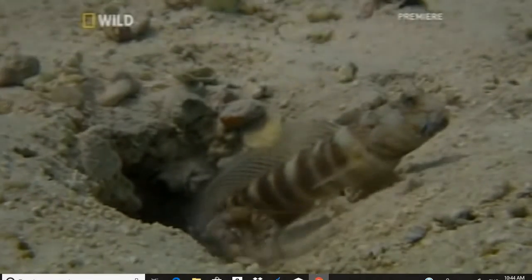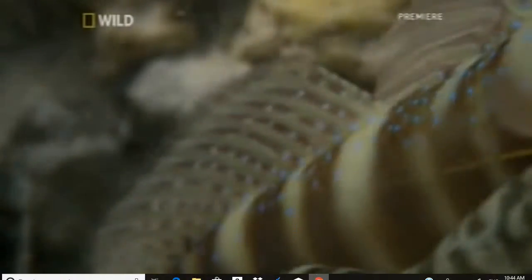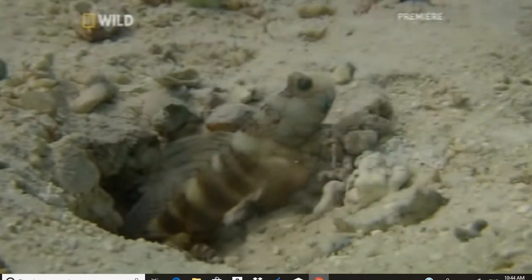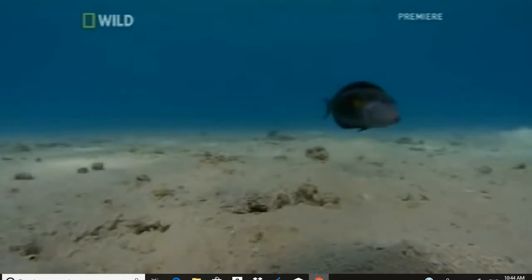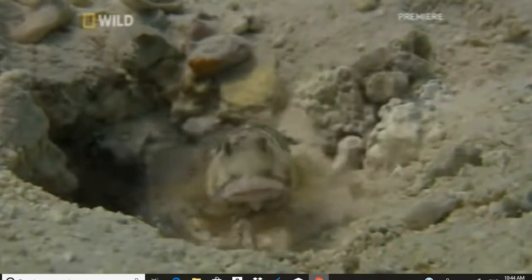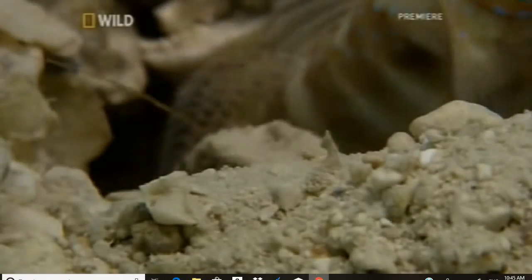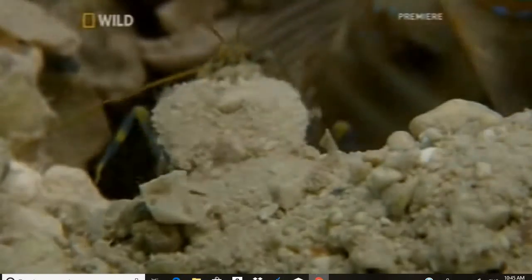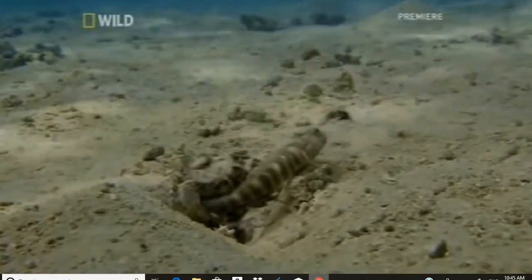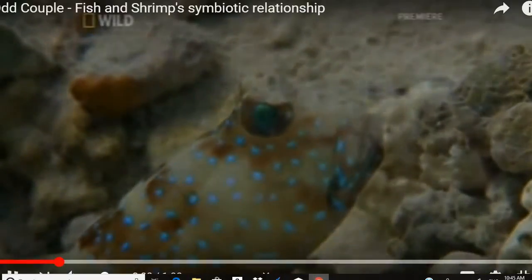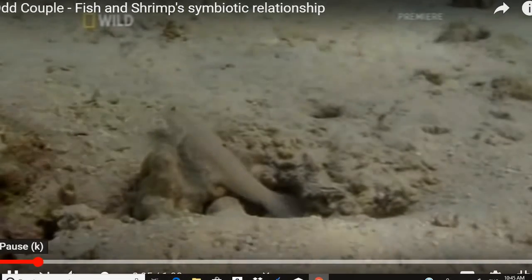The shrimp always has a tentacle touching the goby, and the goby warns the shrimp with flicks of his fins. A Sohal surgeonfish passes. The goby pushes the shrimp down the burrow. The hard-working housekeeper rarely goes out.